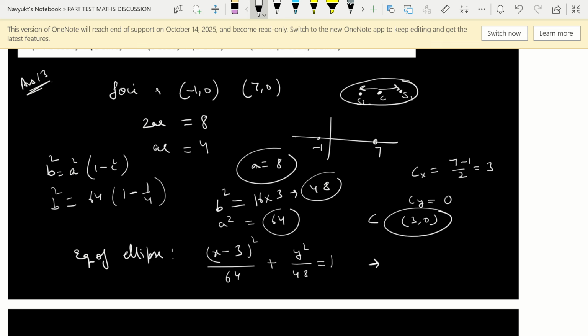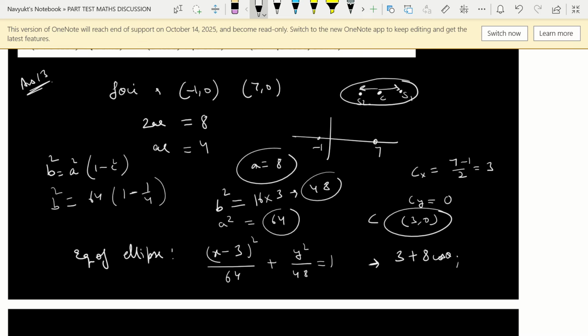Whereas if it is h and k center, it is h plus a cos theta and k plus b sin theta. So here we have h is 3 plus a is 8 times cos theta, comma, it is 0 only.